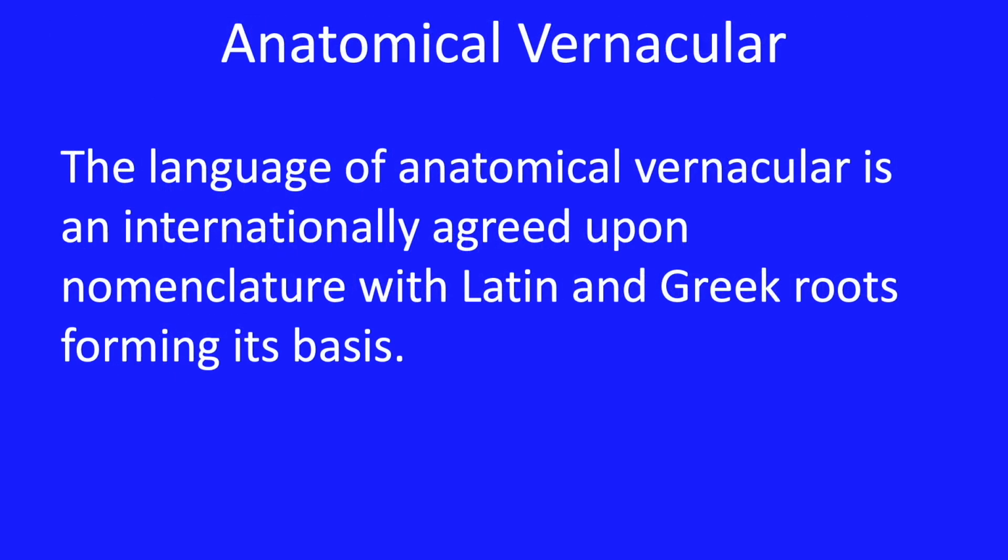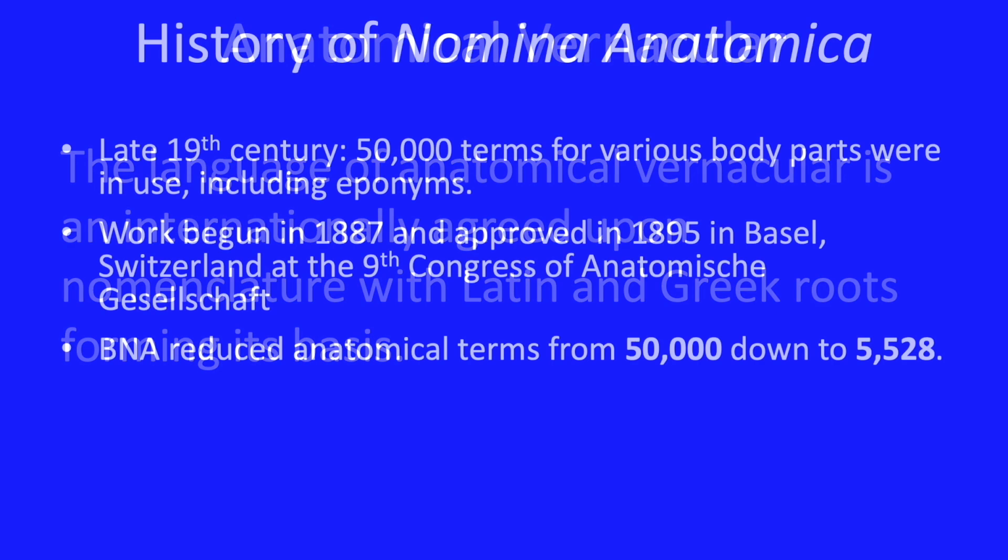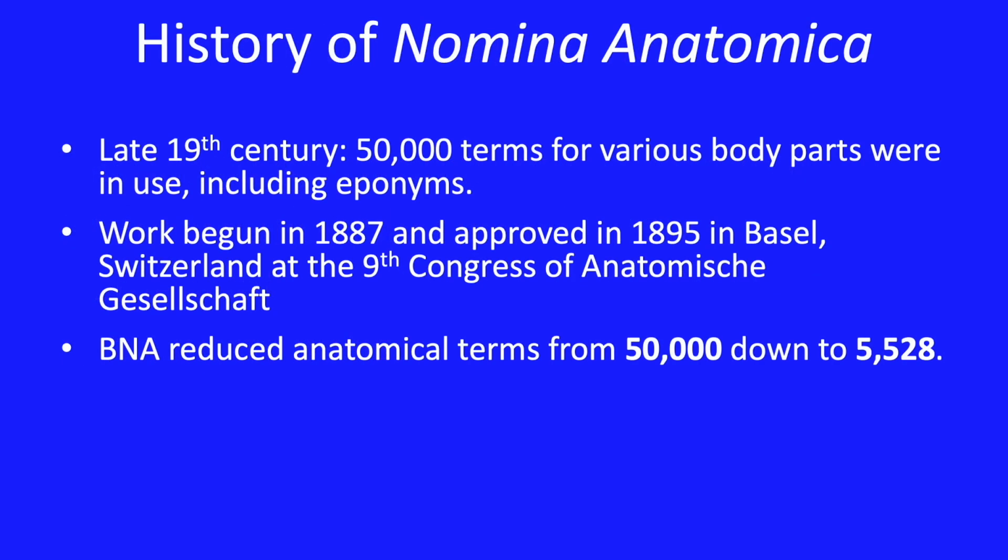And to be clear, the anatomical vernacular that we'll use here is a language that was internationally agreed upon nomenclature with Latin and Greek roots forming its basis. This agreed upon language is the nomina anatomica.